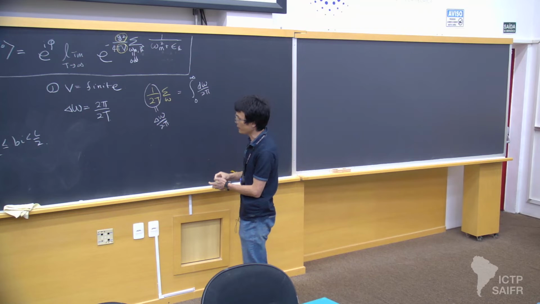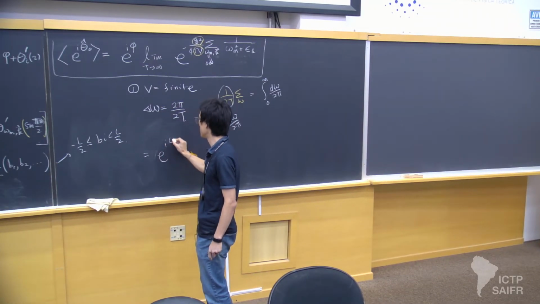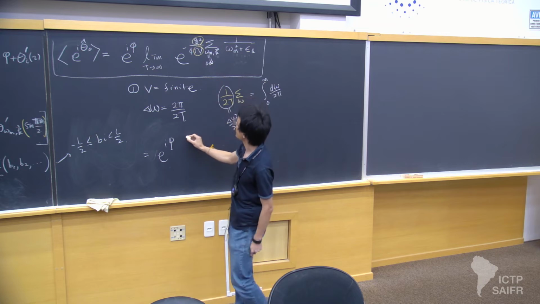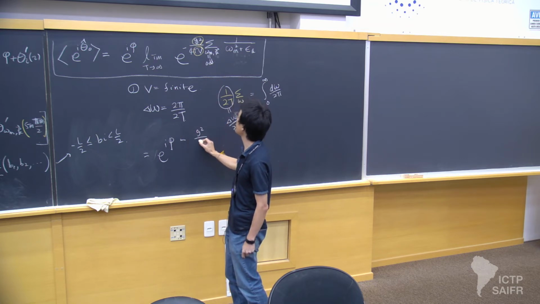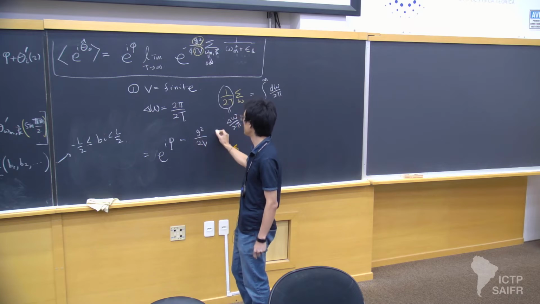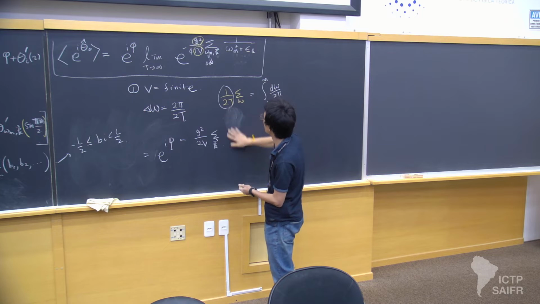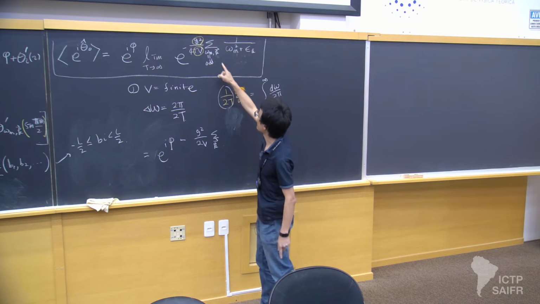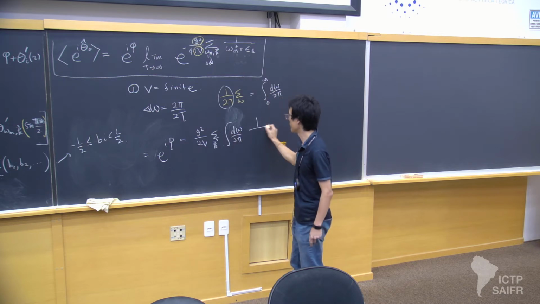So in this case, this expression can be written as, I still have the sum over k, so I have dv, and sum over k. But then I have the integration over frequency of this expression.